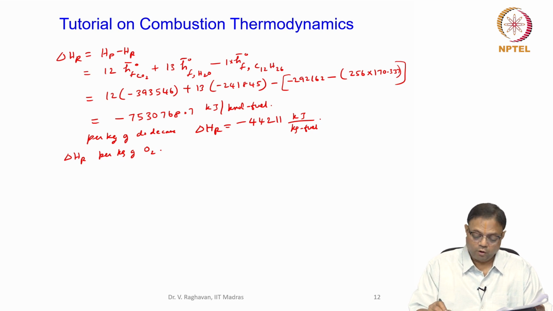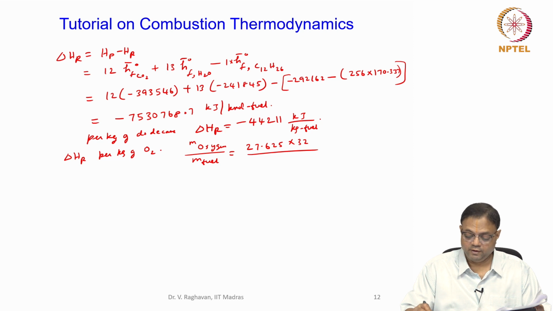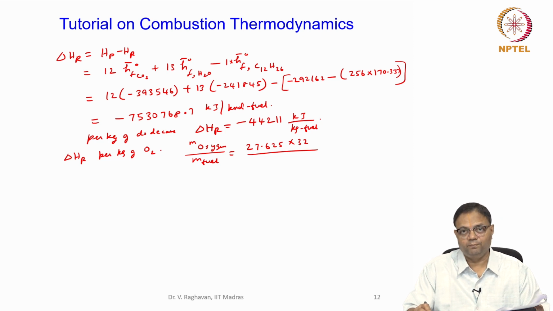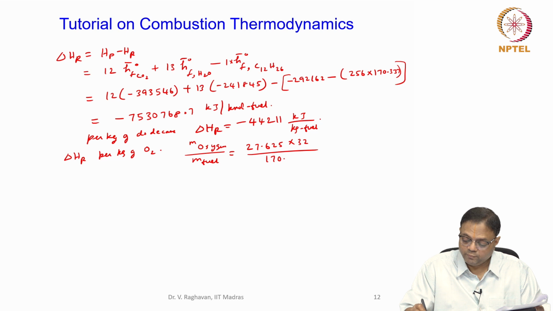Now the mass of oxygen divided by the mass of fuel will be equal to 27.625 into 32 divided by 170.337. That is the number of moles of the oxygen stream, O2 plus 3.76 N2, into the oxygen molecular weight 32, divided by the molecular weight of the fuel, 170.337.